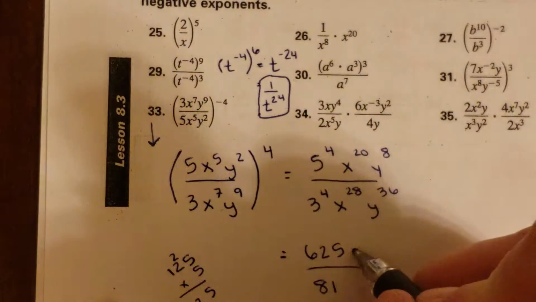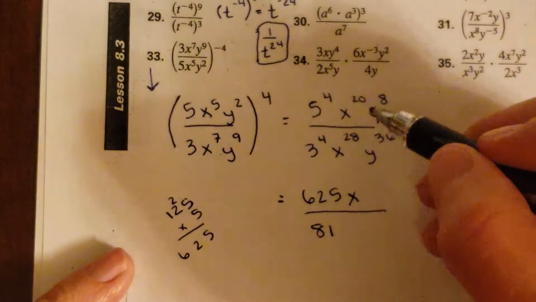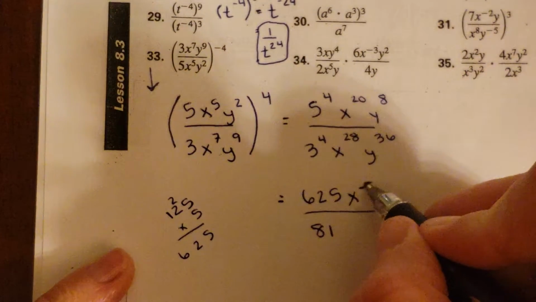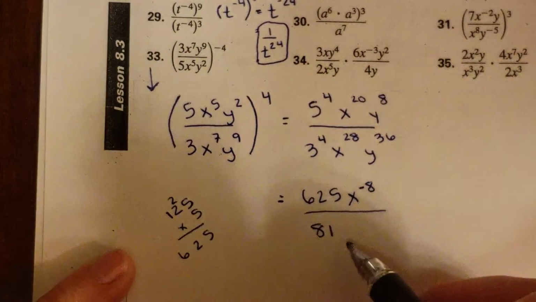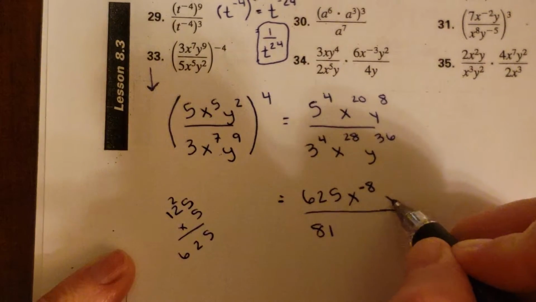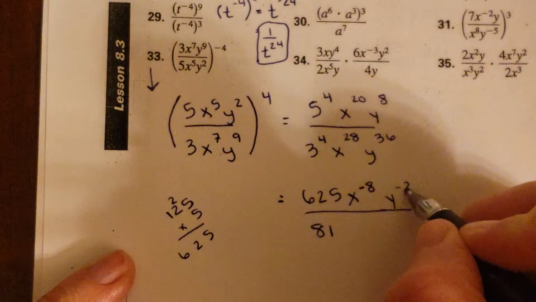Okay, now we have our x. Same base, 20 minus 28 is negative 8. So I can write either x to the negative 8 in the numerator, or I can say x to the positive 8 in the denominator. And then y. 8 minus 36 is negative 28.